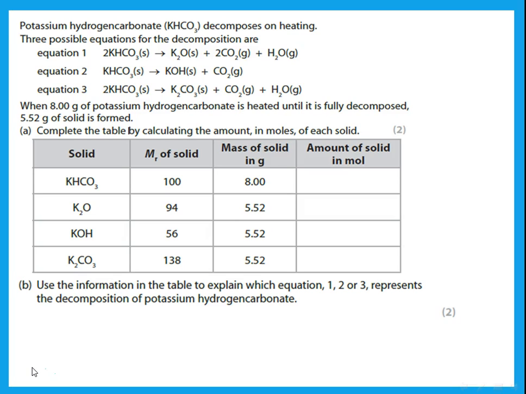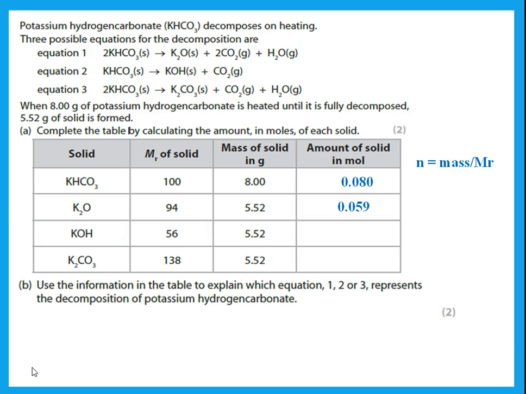So we're going to calculate the number of moles. The number of moles of the 8 grams of potassium hydrogen carbonate is mass over molecular mass, so I calculate it as 0.08. Now, if the substance that comes out is supposed to be K2O, then the 5.52 grams are K2O, and K2O has a molecular mass of this, so the number of moles is this.